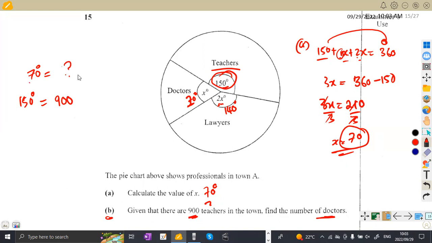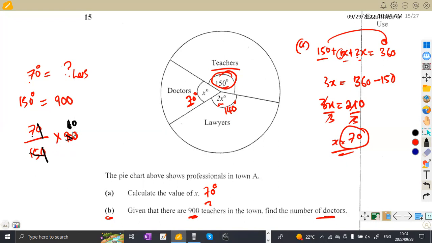So it's your simple proportion. As you can see, this is going to be less. So 70 over 150 times 900. So you can simplify from there so that we can obtain the equivalent. 15 into 90, this is going to be 60 here, supposed to be 60.